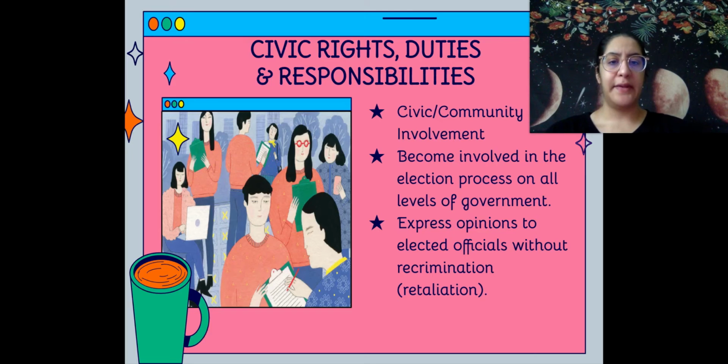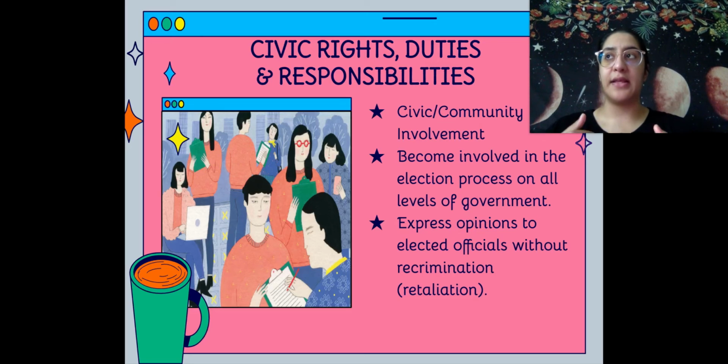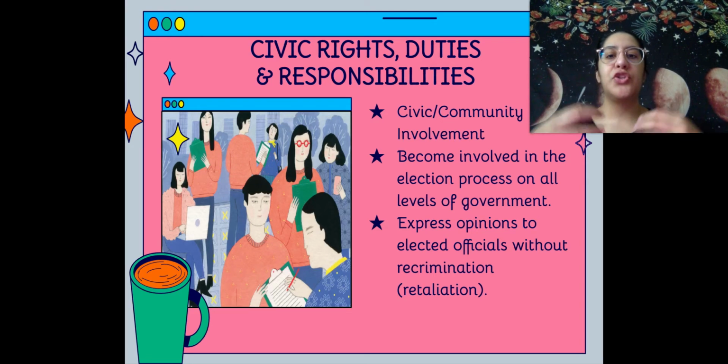Now let's look at civic duties. Civic is community. So we as citizens, our job to be productive members of our society is to be involved in our community, to be involved in the election process at all levels, to express our opinions without being retaliated or recriminated against, to work with our community to make it better.